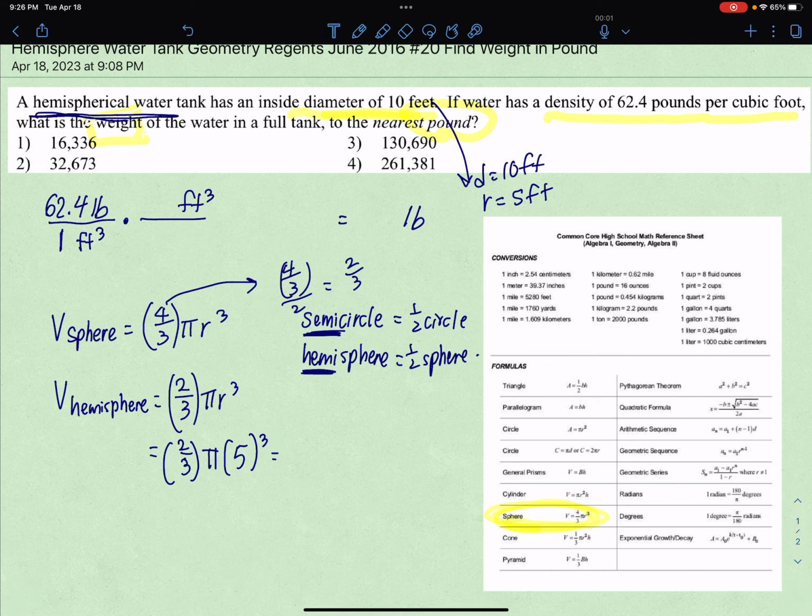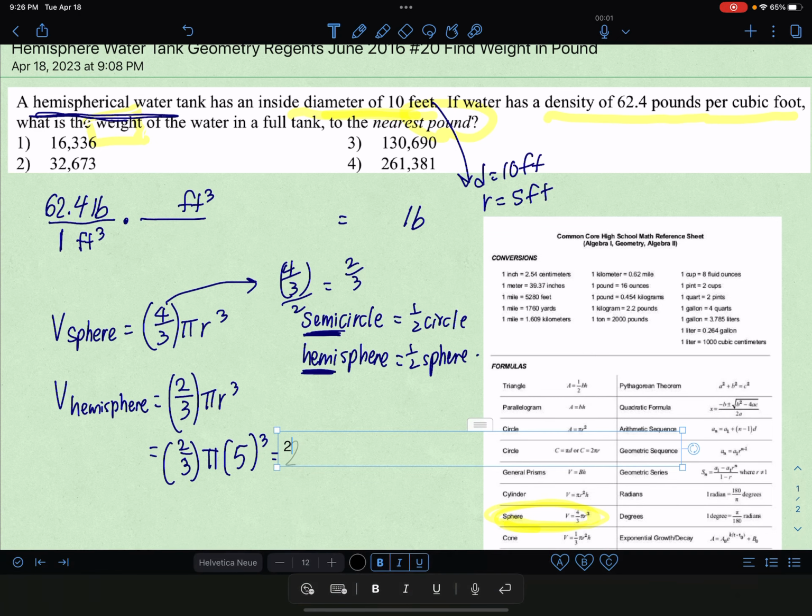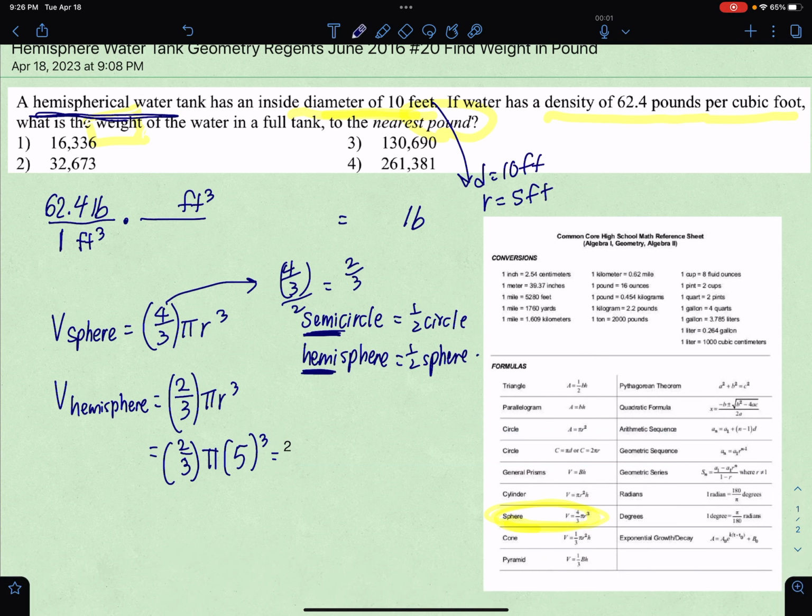And when you put this all in the calculator, we get 261.7993. And always remember to write your units, it's cubic feet. So now let's enter that here. 261.7993 cubic feet.